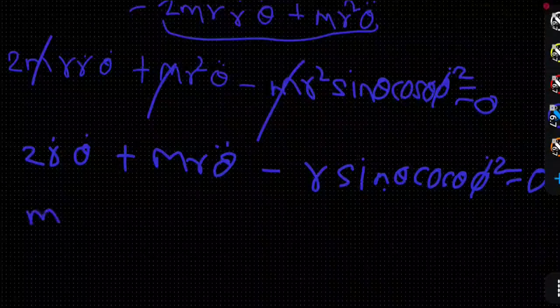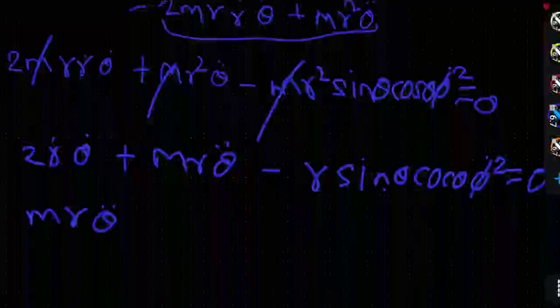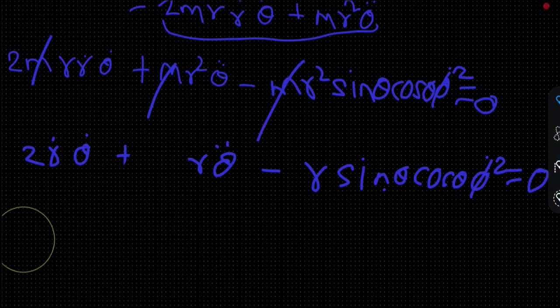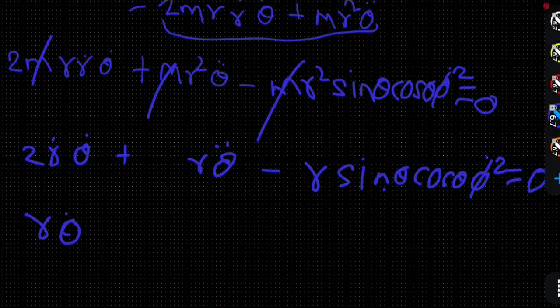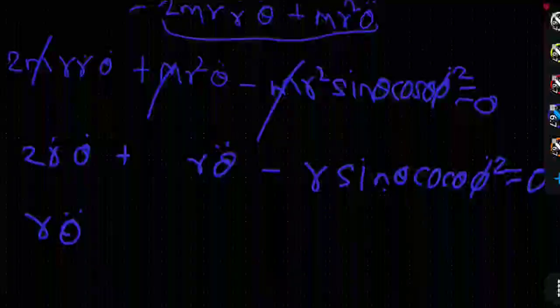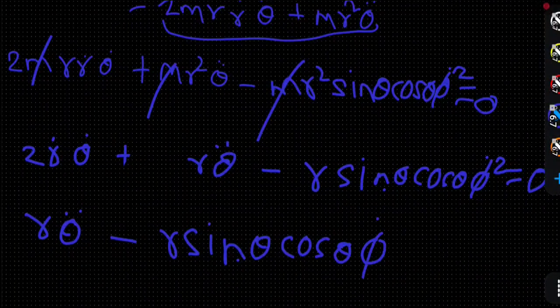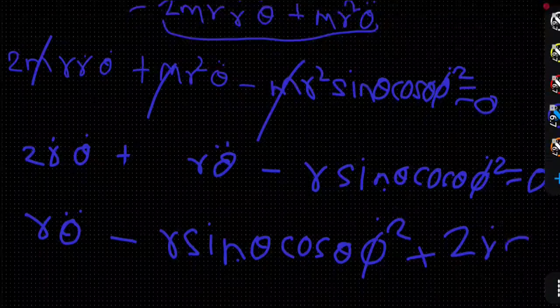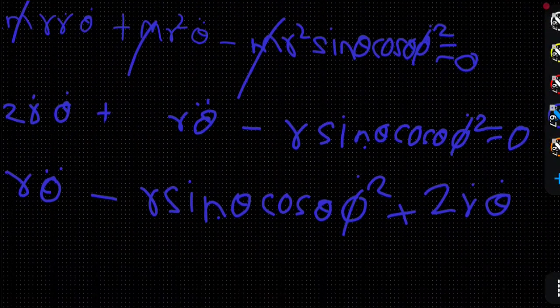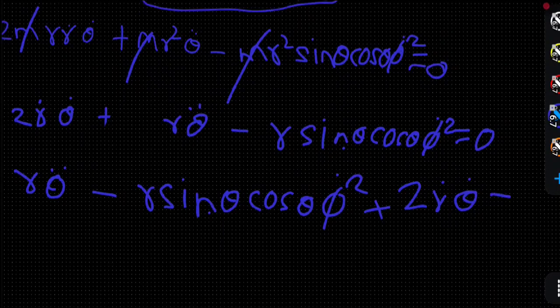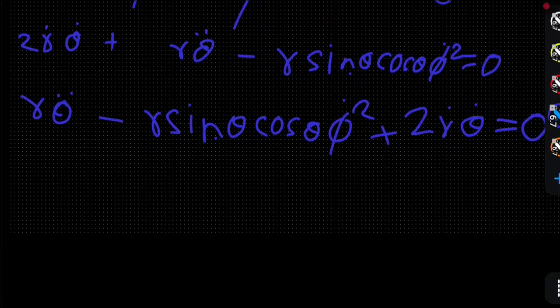Now again rearranging the terms, rθ̈, minus r sin θ cos θ φ̇², and then plus 2ṙθ̇, and it should of course equal 0. So this is our expression.